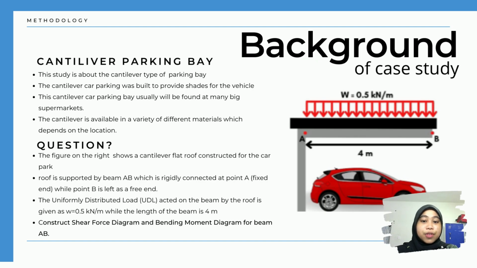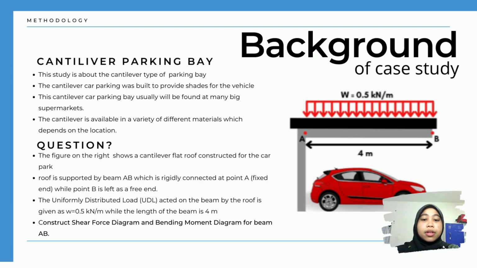To analyze the structure, we draw the cantilever parking as a more understandable illustration, and then we evaluate the required variables, for example, the height and the applied load. From the observation and evaluation, we assume that the roof is supported by beam AB, which is rigidly connected at point A, the fixed end, while point B is left as the free end.